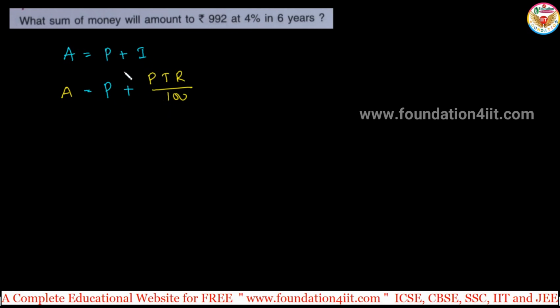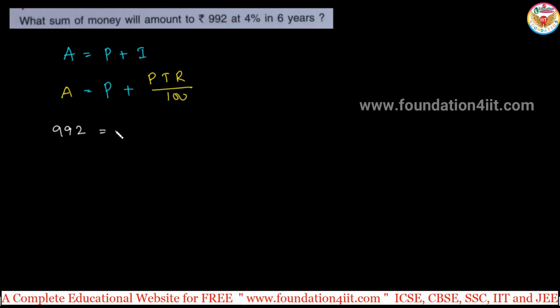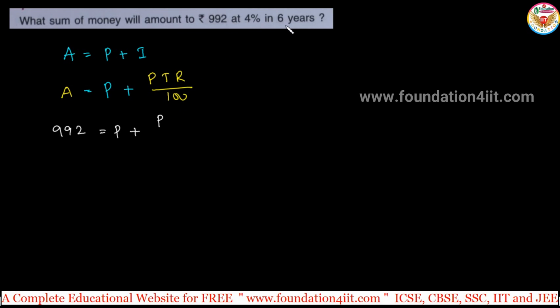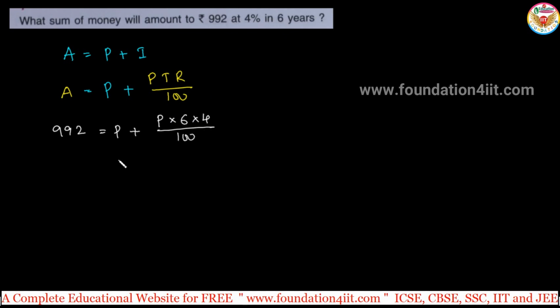What sum of money will amount to this? That means 992 is equal to P plus again PTR by 100. Substitute the values: 4%, and 6 years. So time is given as 6, R is 4 by 100.